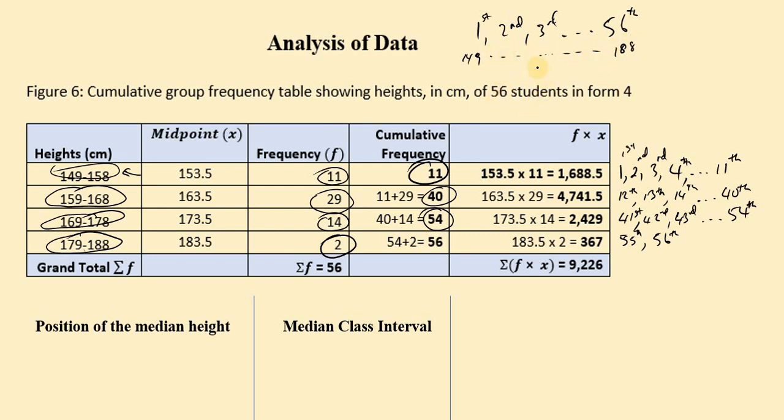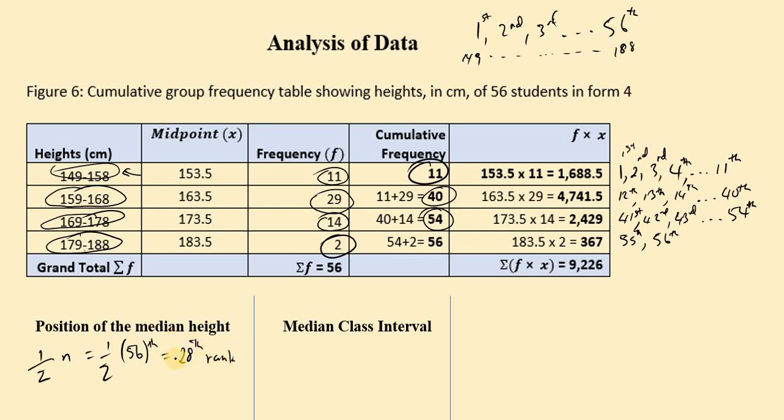And we're saying that we want the median, the person whose height is in the middle. We have 56 persons, so where will the median be? You basically find half of the position, half of n, half of the number of persons. We have 56 persons, and that will be the 28th rank.